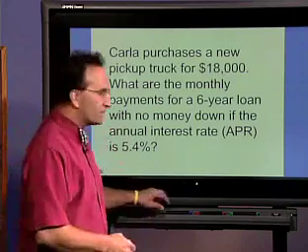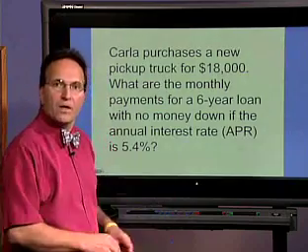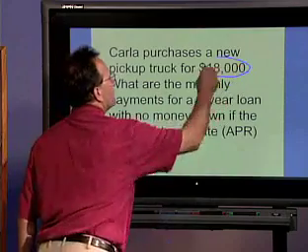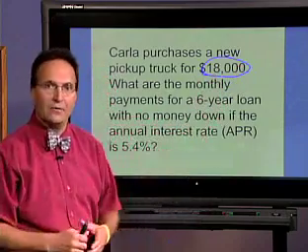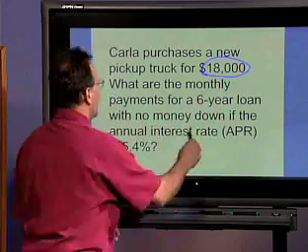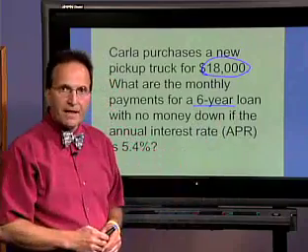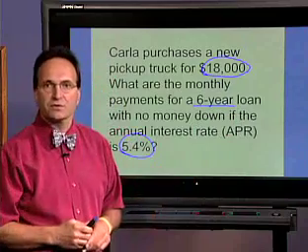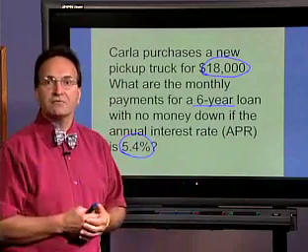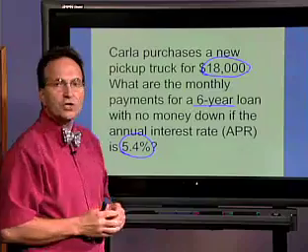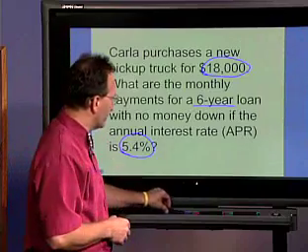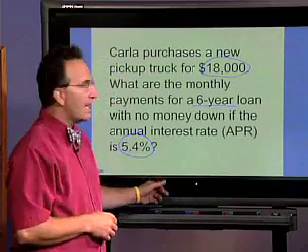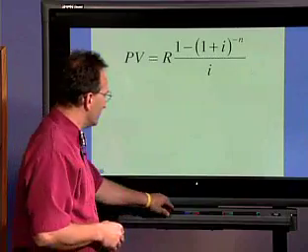Welcome back. Let's find out how you did on this problem. We know that she's going to take a loan for the full amount, $18,000. It's for 6 years, and the interest rate is 5 4/10%. And we're interested in finding out how much her monthly payment would be. All right, so let's plug this into the formula.